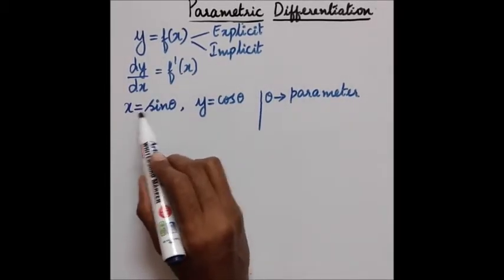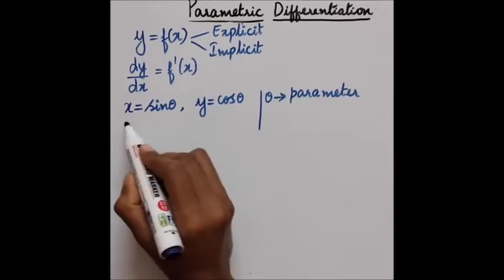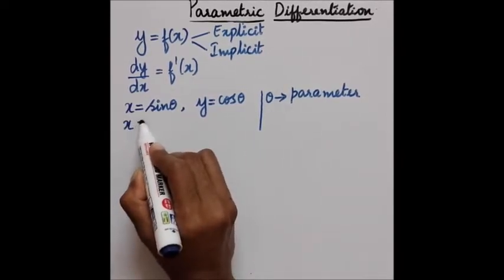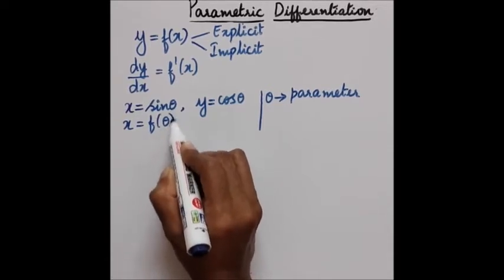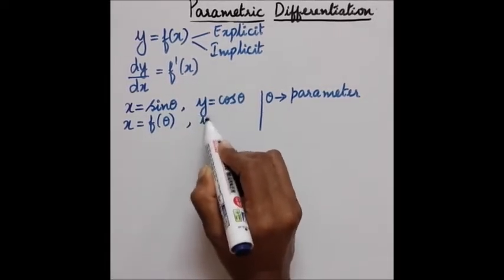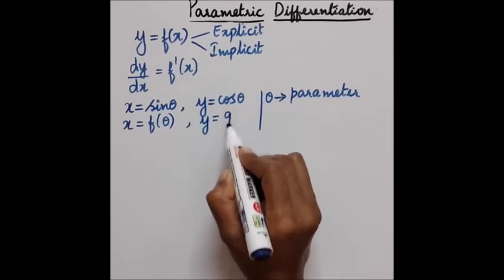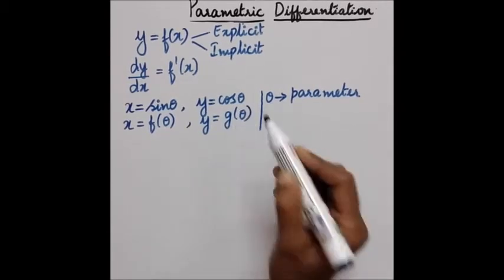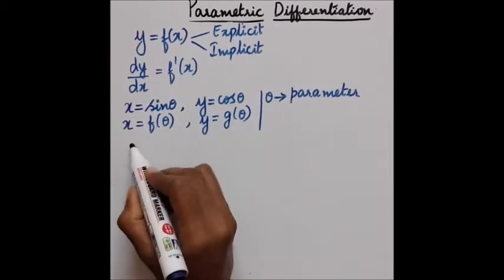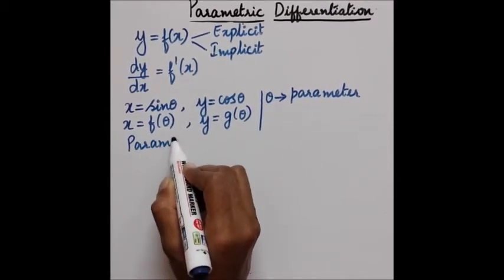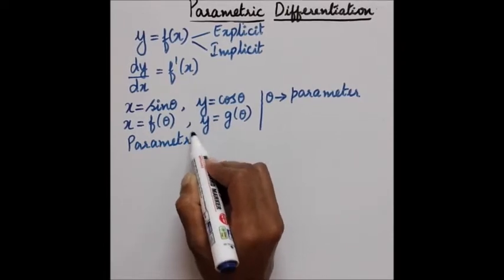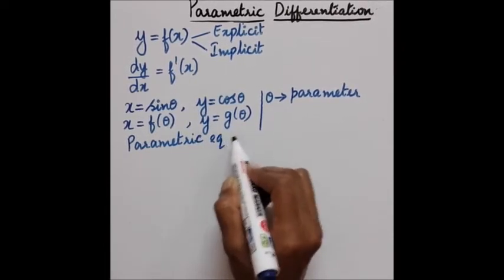So, the relation between x and y in terms of the third variable, which is the parameter, that is x equal to a function of theta and y equal to a function of theta, these expressions are called the parametric equations.